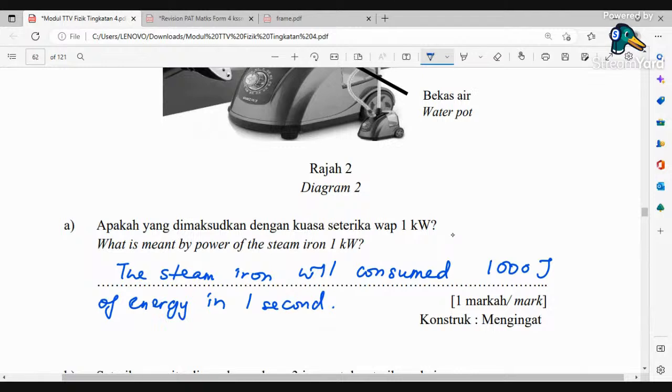Okay, kalau 1000 kilowatt maksudnya kalau you guna iron tu 1 second you sudah guna 1000 joule. You boleh imagine lah kalau you guna 10 second sudah 10,000 joule. Okay, macam tu. Okay, so this is the power of the steam iron.